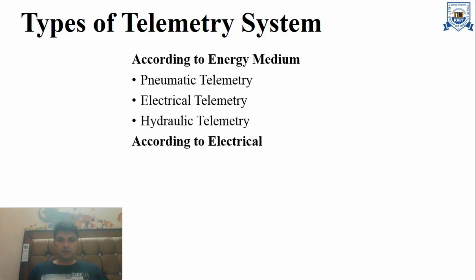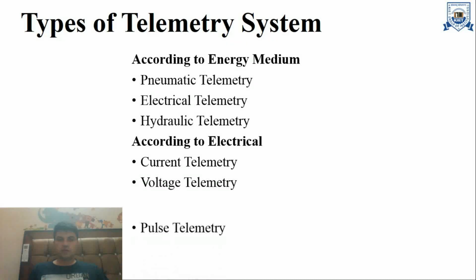Then, according to the electrical telemetry system, it is divided into three parts: current telemetry, voltage telemetry, and pulse telemetry. In all three, the mode of transmission may be the same, but the variable is different.